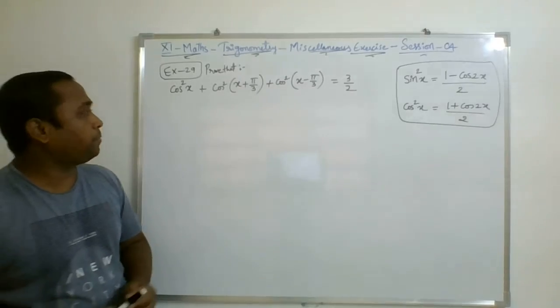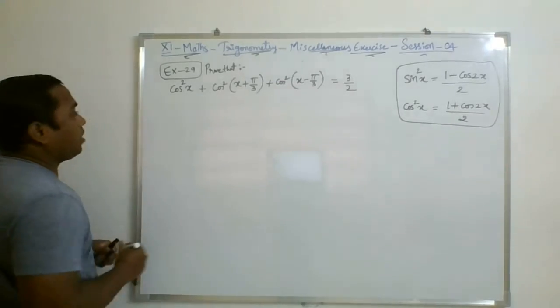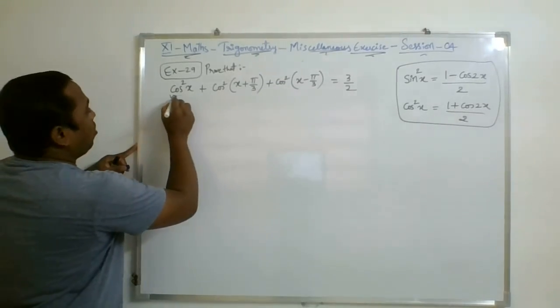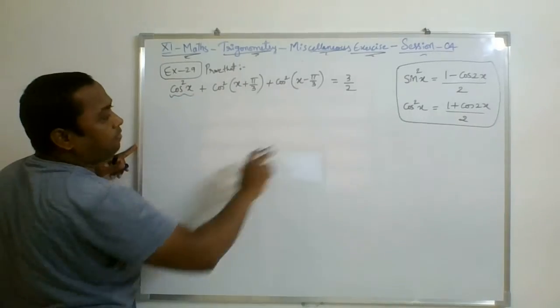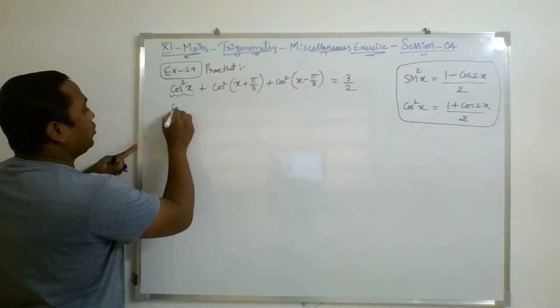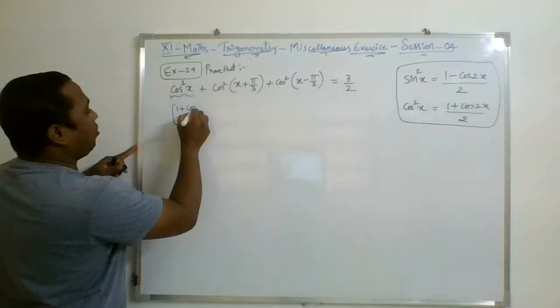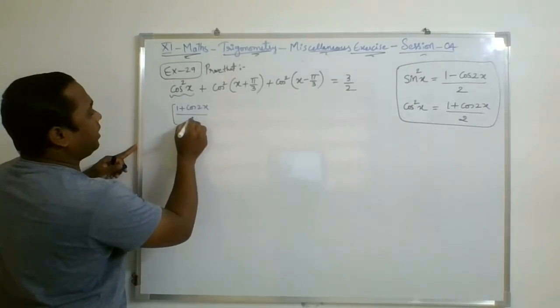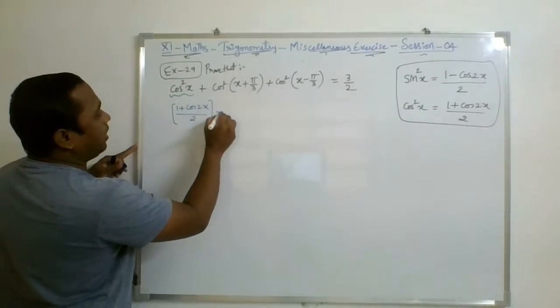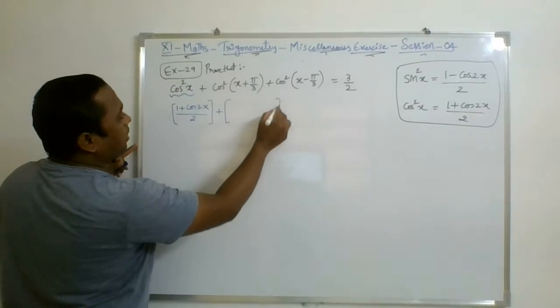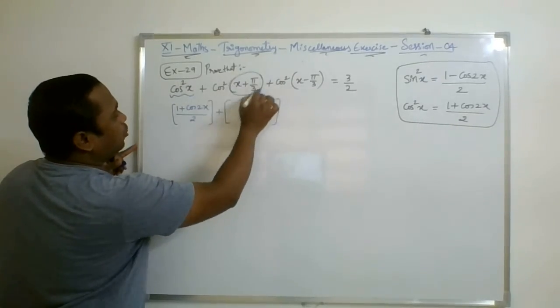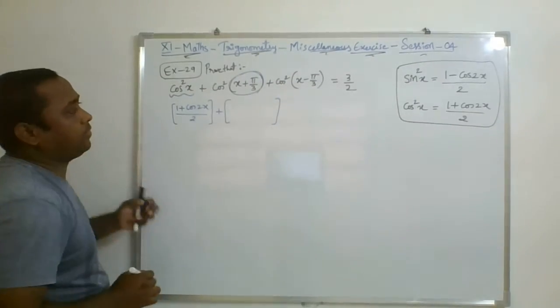Let's see what we can do. So for cos square x, directly the formula I'm using, which is 1 plus cos 2x by 2. Formula direct. And similarly, let us assume this completely as x.